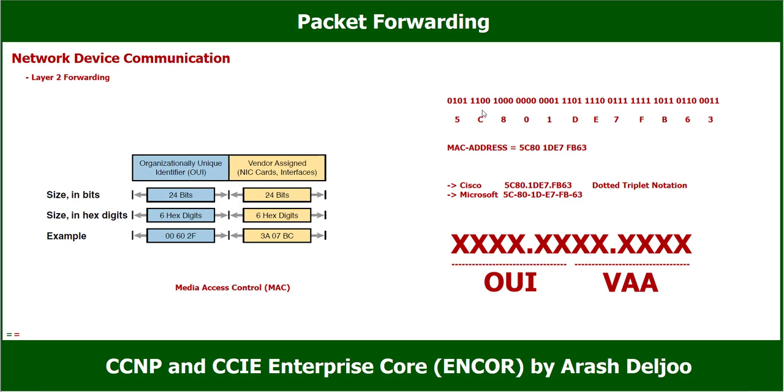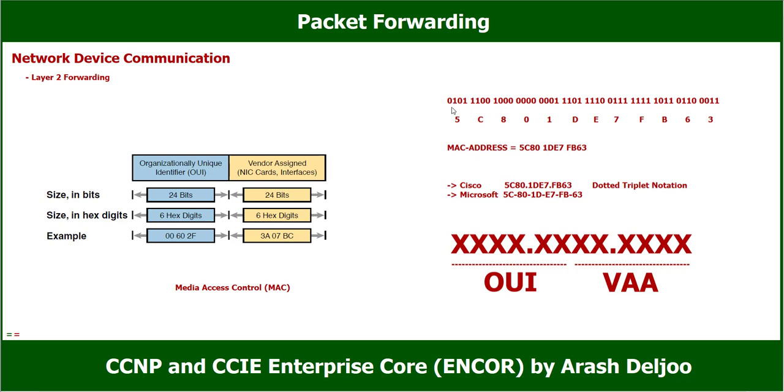As you can see here, we have one MAC address, and this MAC address can be written in 48 bits, meaning binary digits or base 2. But in most cases we are converting the MAC address to hex digits, because each 4 bits can be converted to one hex character.